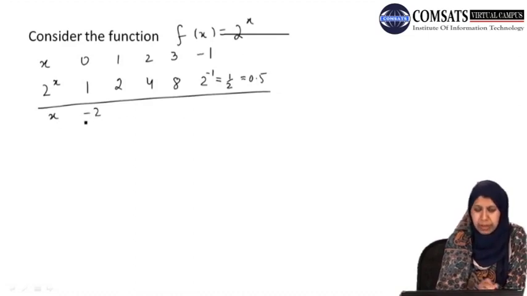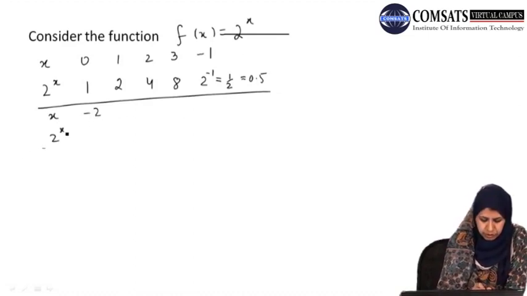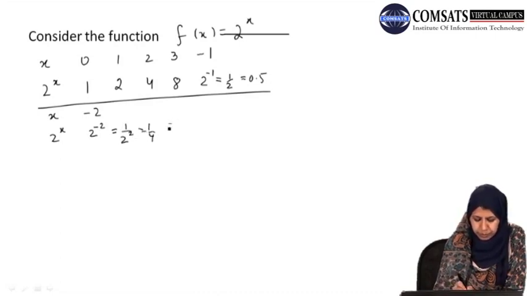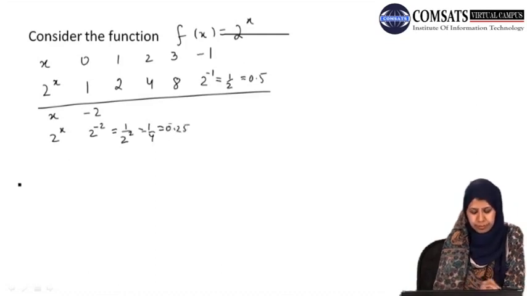We take some more values. When x is minus 2, 2 to the power x will be equal to 2 to the power minus 2, which is nothing but 1 over 2 square, which is 1 over 4, which is 0.25.